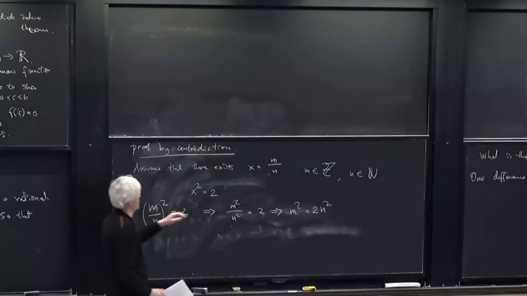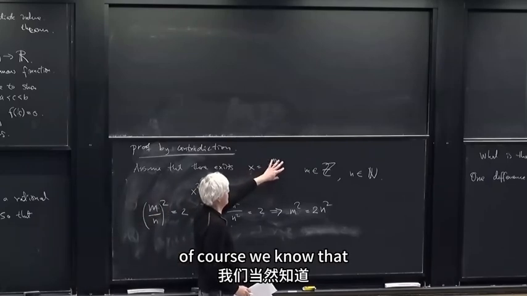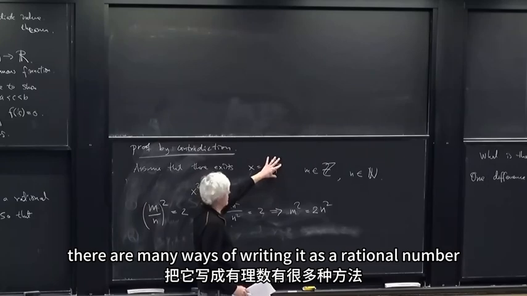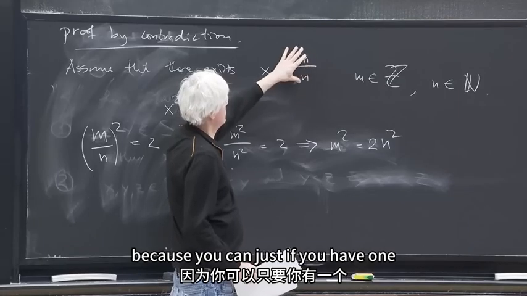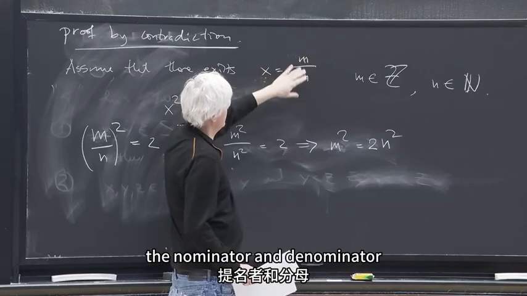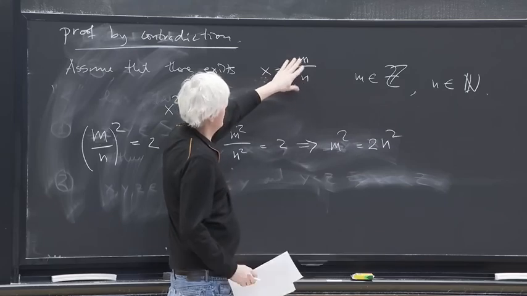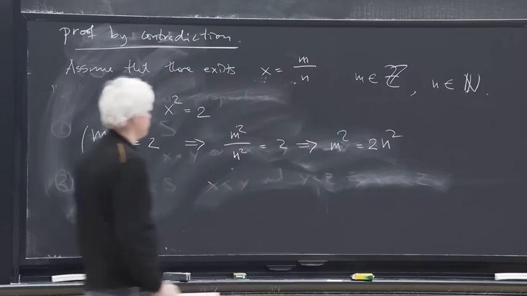Now, when we write x as a rational number, of course, we know that there are many ways of writing it, because if you have one, you can just multiply the numerator and denominator by a natural number, and then you get another representation. Right?